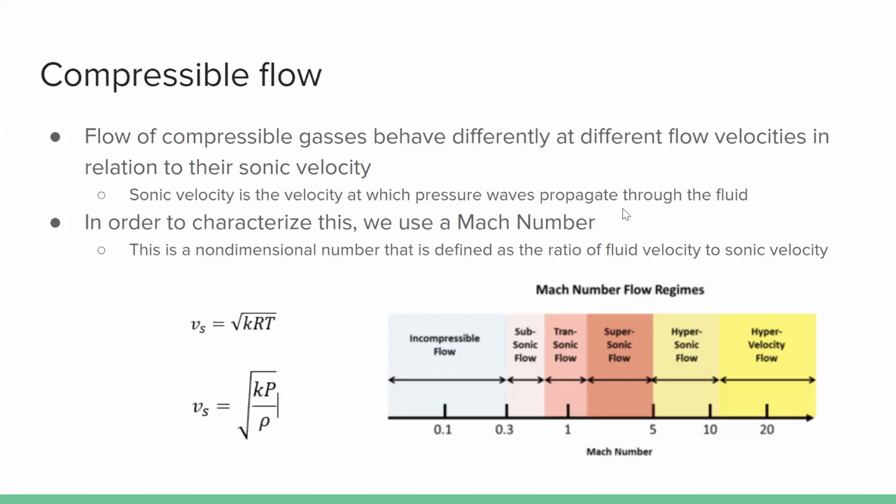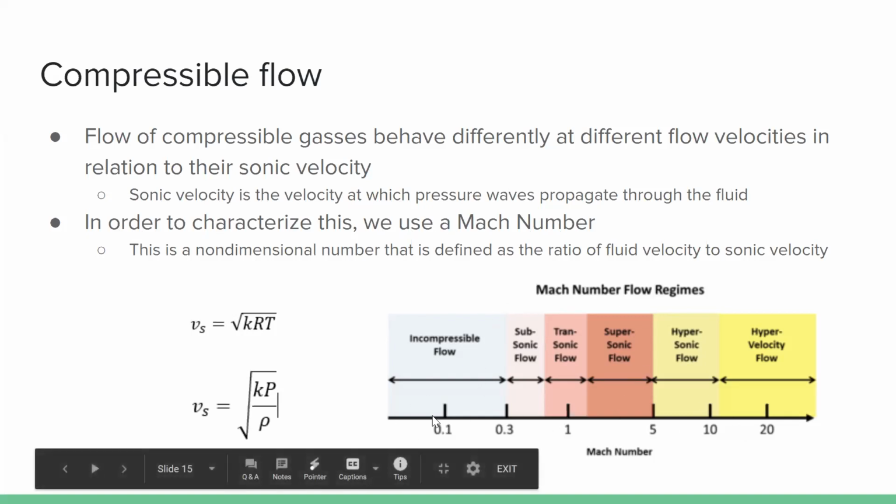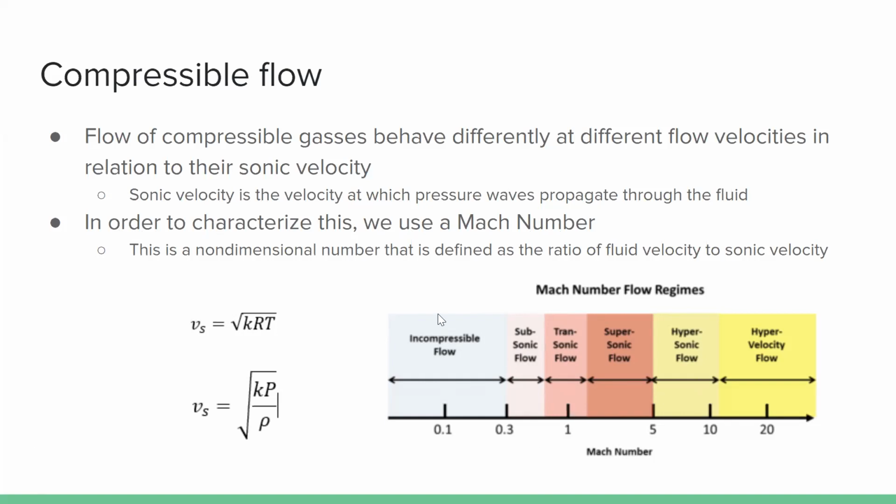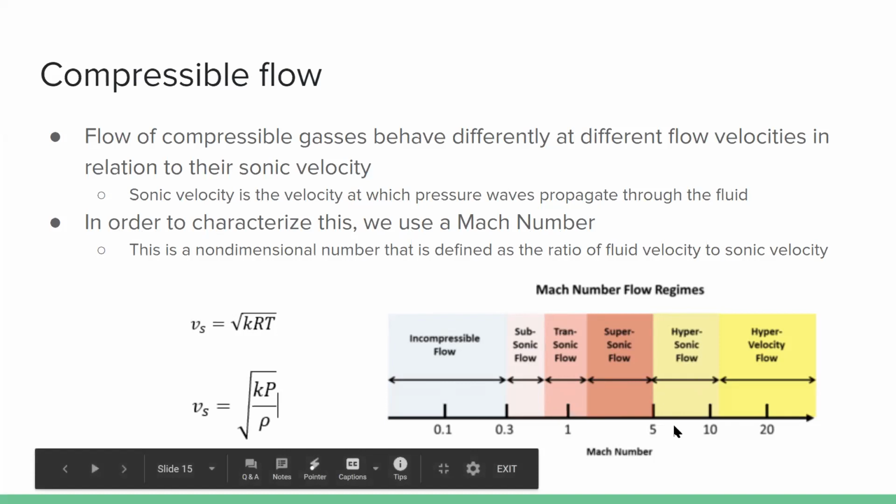Mach number, if you remember, is basically the ratio of the fluid's velocity to the speed of sound through that fluid. It's a non-dimensional number that we use to characterize how the flow is going to behave. And you'll see that on this chart, graphic, I don't really know what to call this. Right here, you can see we have different regions for different Mach numbers. Below a Mach number of 0.3, you can assume the flow is incompressible.